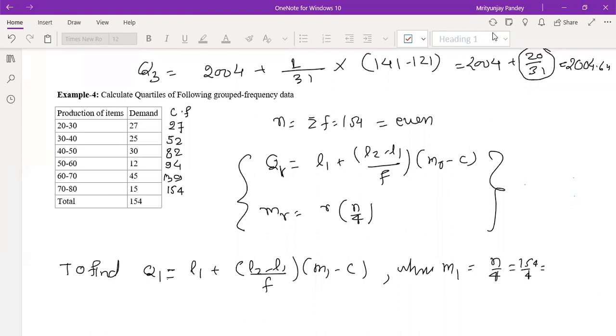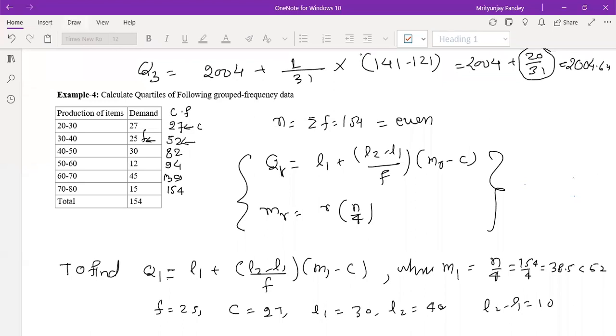Tell me the answer. 38.5. 38.5 is just less than 52, right? So 52 के सामने का जो value है, that is frequency, and this is your C, this is F. So F equal to 25, C equal to 27, L1 is 30, L2 is 40, and difference between them is 10.